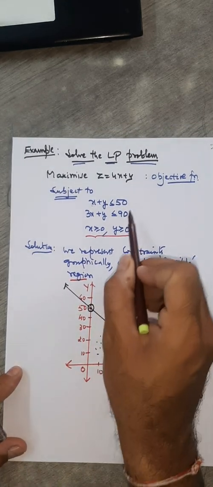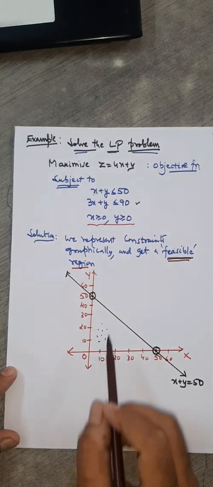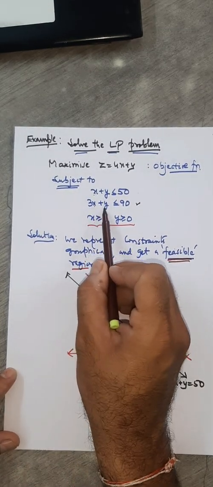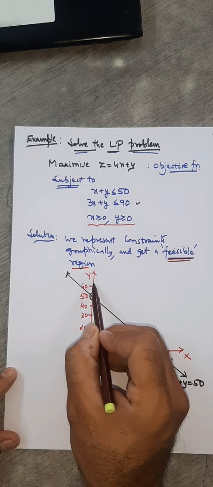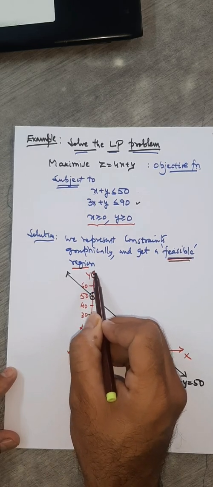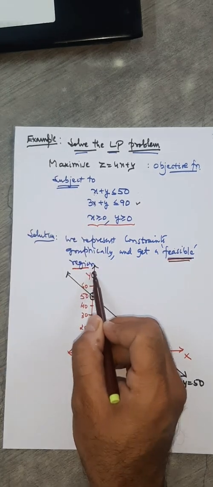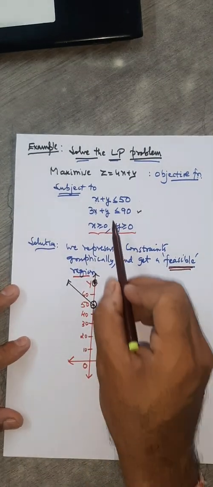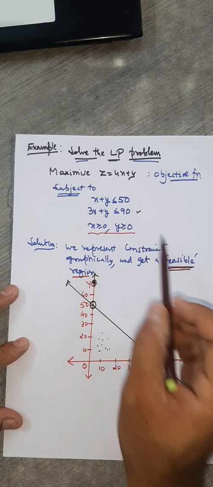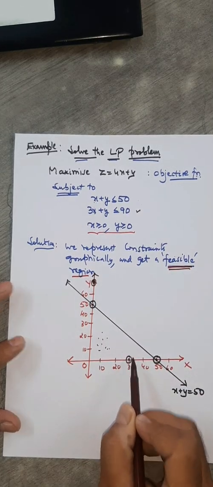Fine. Now we are drawing the second inequality. Put x equals 0, y will be 90. (0, 90). Suppose 70, 80, 90 here, roughly. I'm just showing it roughly here. Here I have 90. Put y equals 0, then x will be 30. So 30 is somewhere here.